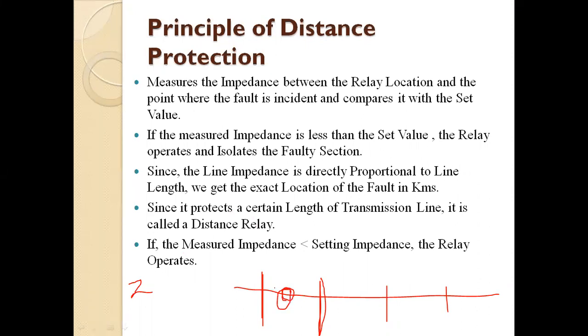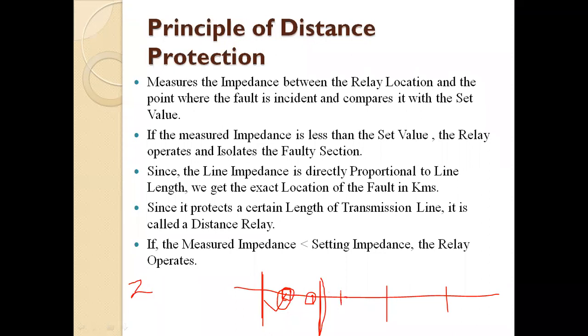If the fault occurs in that section, then only this relay will operate, and when this relay fails to operate, then the nearest relay to the fault point will operate.